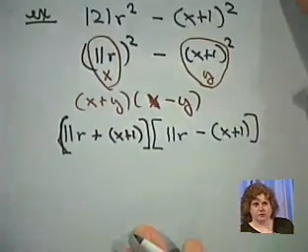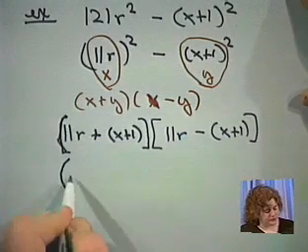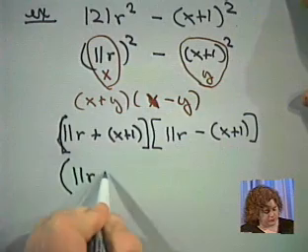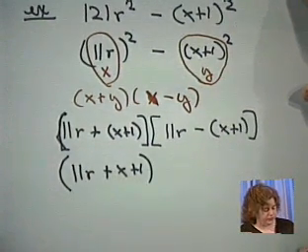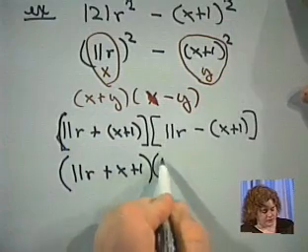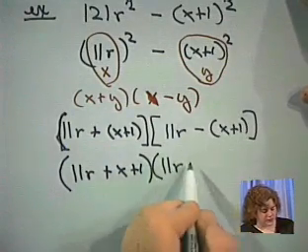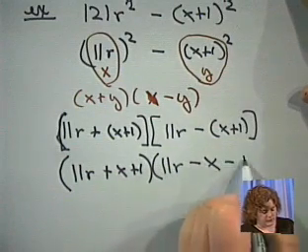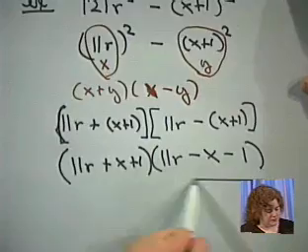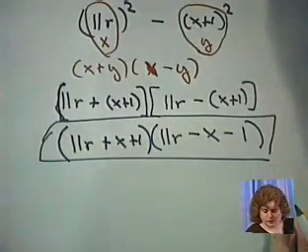Looks a little fancier, but it's the same pattern. And that I can simplify a little bit by writing 11r plus x plus 1. There's no need to keep those extra parentheses. Times 11r, and just using the distributive property with that negative sign, which is really a negative 1, minus x minus 1. And that would be my answer for that problem.